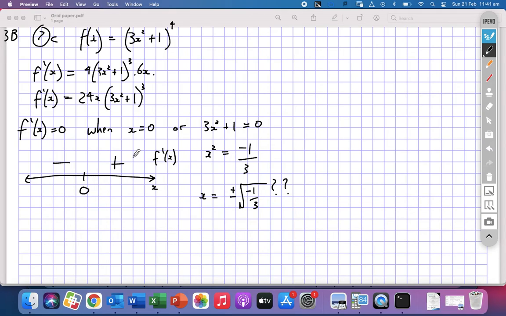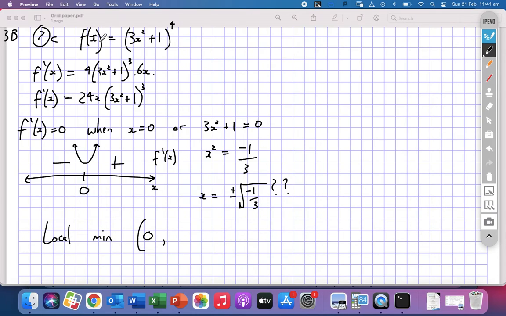If you were having to classify the stationary point, I'd probably draw this in actually. I'm going negative gradient, positive gradient. I've got a local min. Just be aware that you need to be finding out where that point is on the function.